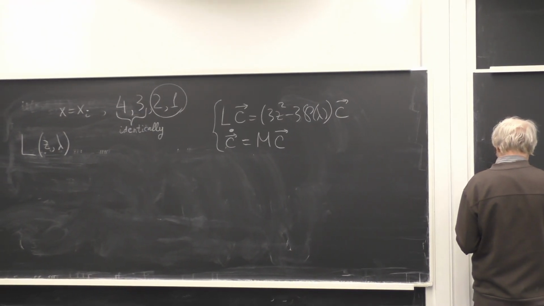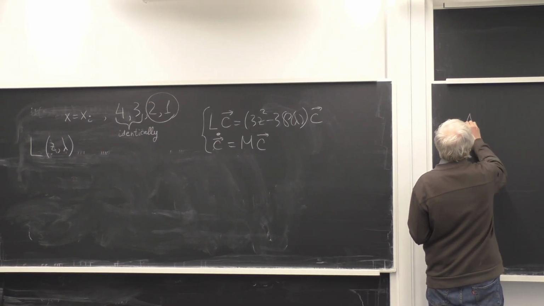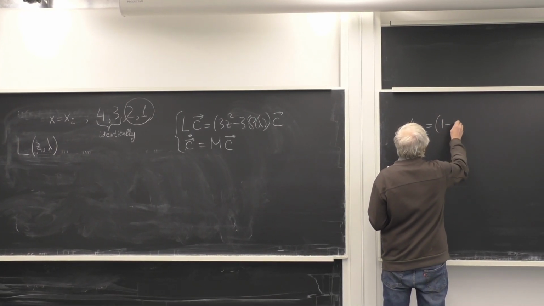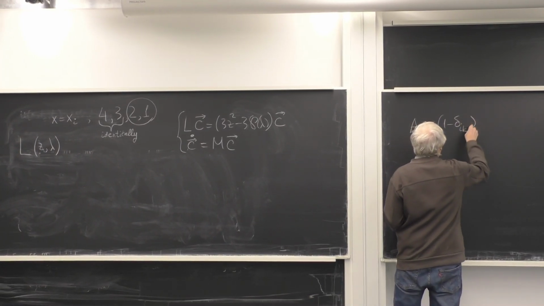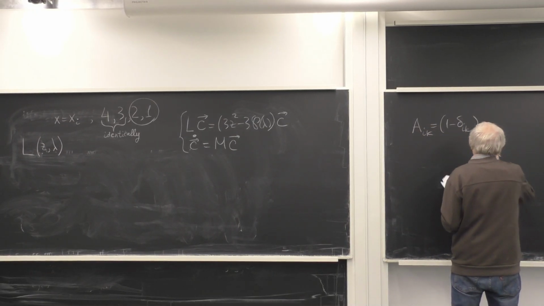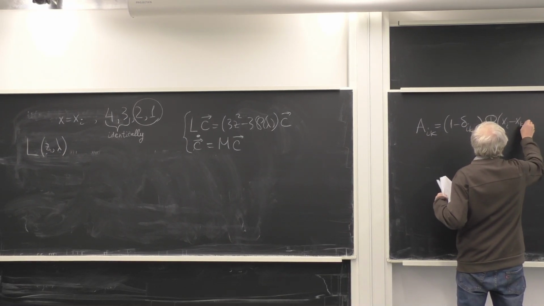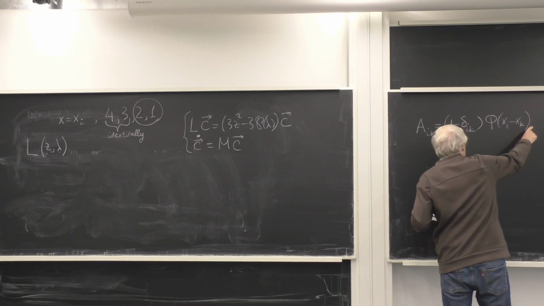Let me introduce the following matrices. A, which is an off-diagonal matrix with zeros on the main diagonal. I will not write the second argument.